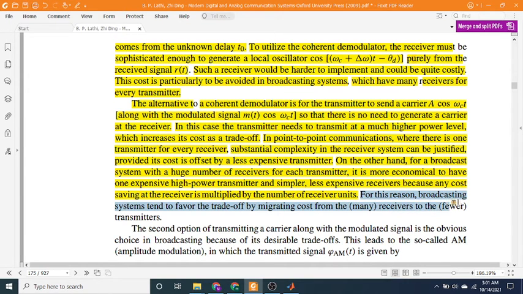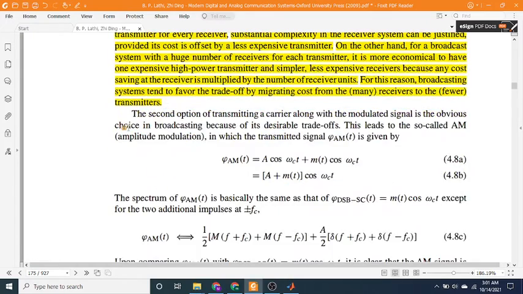For this reason, broadcasting systems tend to favor the trade-off by migrating cost from the many receivers to the fewer transmitters. The second option of transmitting a carrier along with the modulated signal is the obvious choice in broadcasting because of its desirable trade-offs.